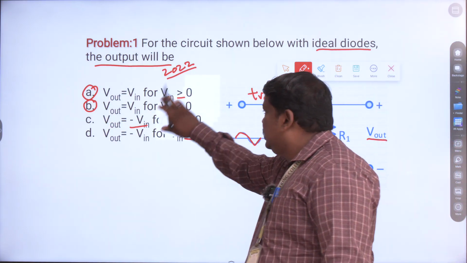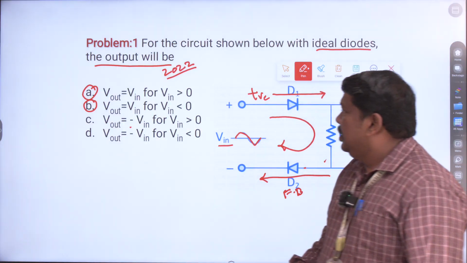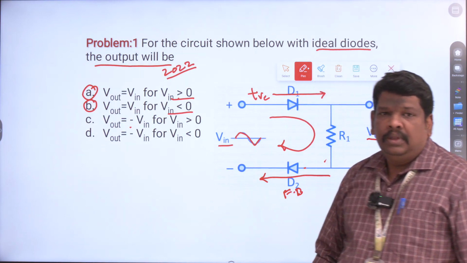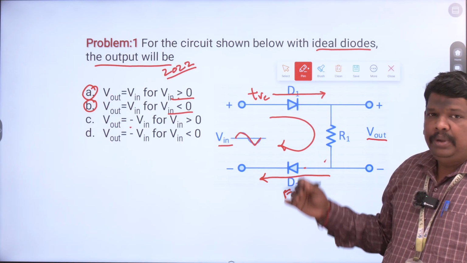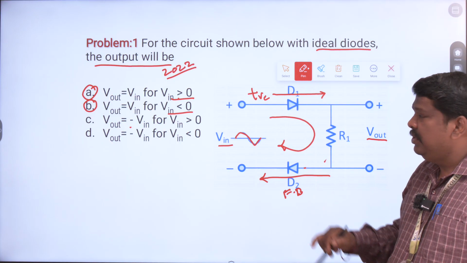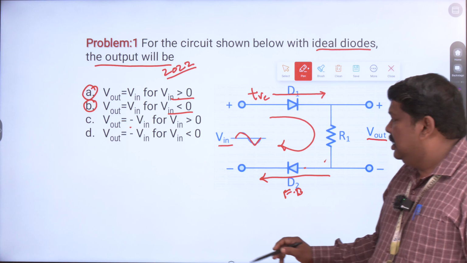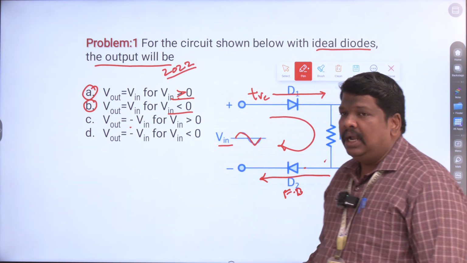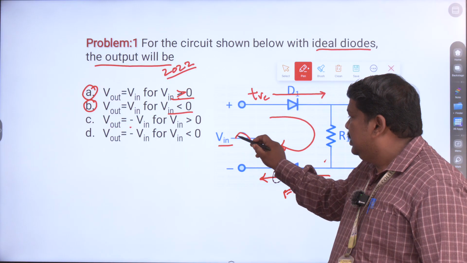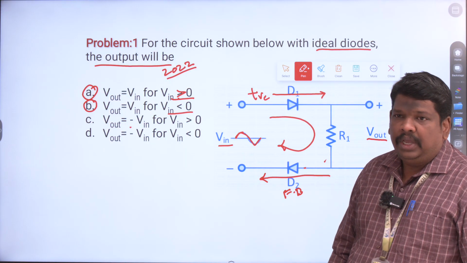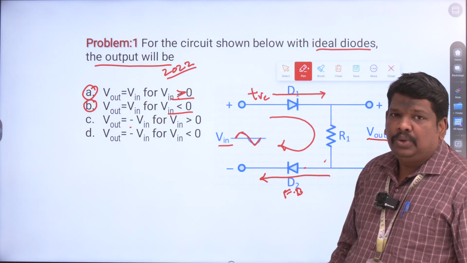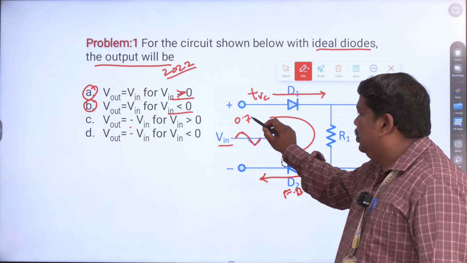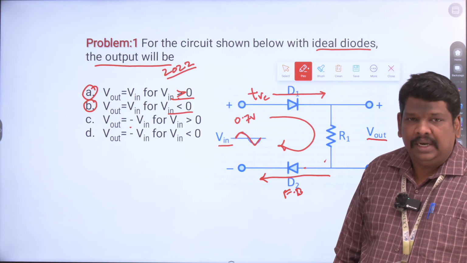Here you can see it is greater than 0 or less than 0. Maybe option A or B is right. To find which one, when your input voltage is greater than 0, it means the applied voltage reaches a maximum. The diode operation is such that when the applied voltage reaches 0.7 volt, only then does the diode start conducting.